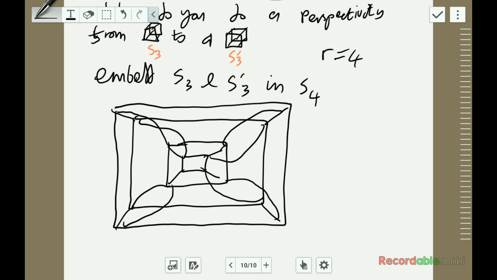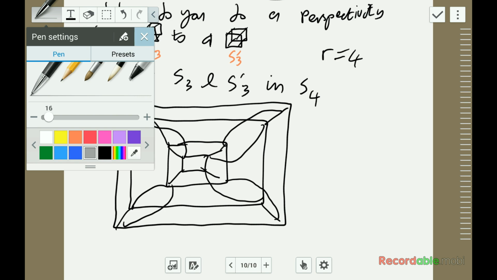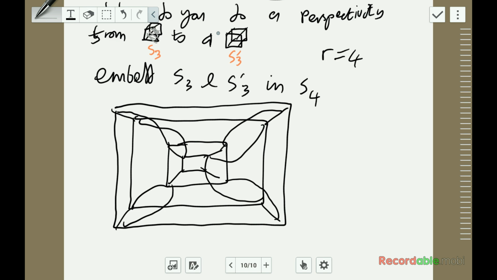There we go. And then we're going to have these two different cubes. I'm going to move them over a bit. There they are. Okay.